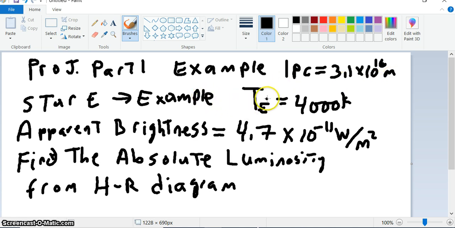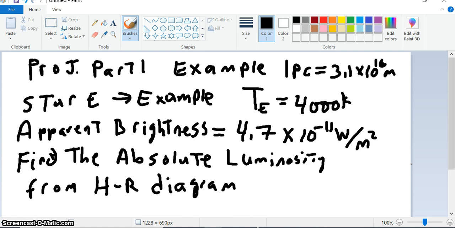For my example star, the temperature is measured to be, remember you can measure that by finding the peak wavelength, or you can also measure it by looking at the different colors using a V and a B filter, a B minus V filter.